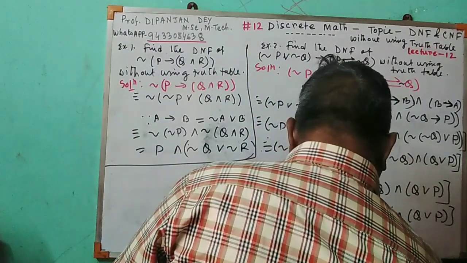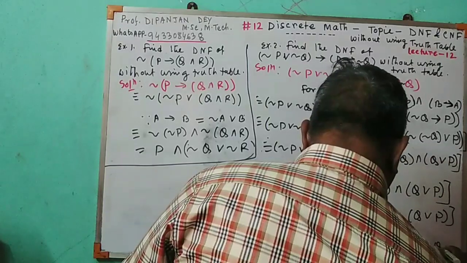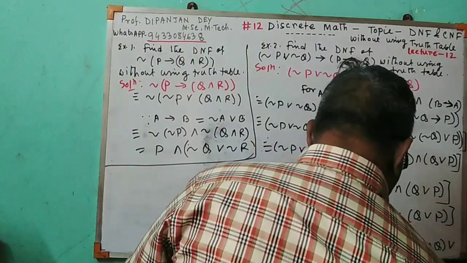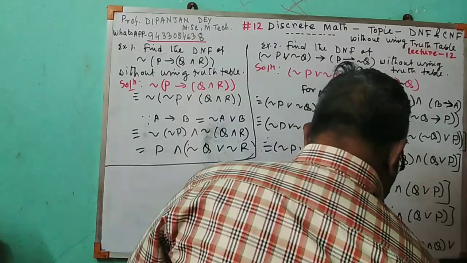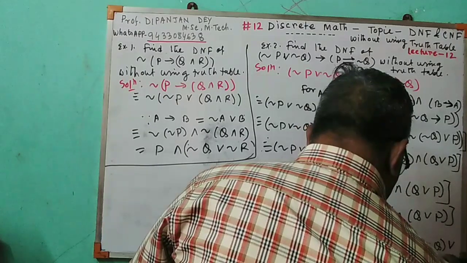This is conjunction, negation Q, this is negation Q. And last one, that is negation Q, conjunction P.